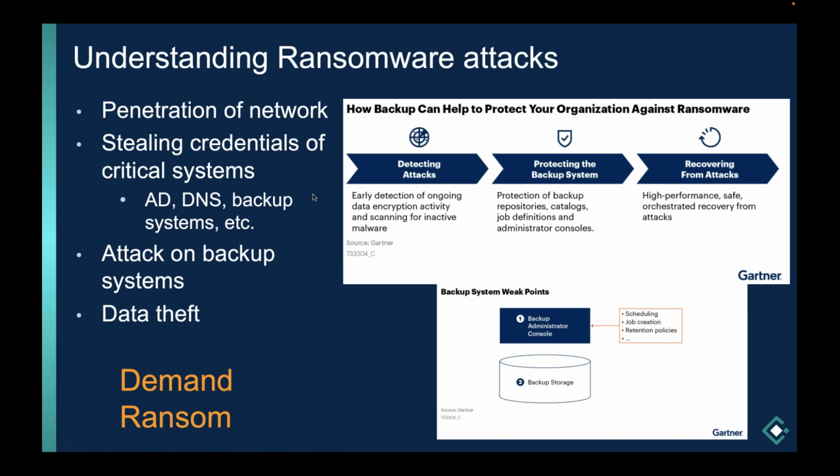We are not going to go deeper into ransomware attack scenarios as a whole. The idea is how can we prevent it to an extent? We cannot be prepared all the time.